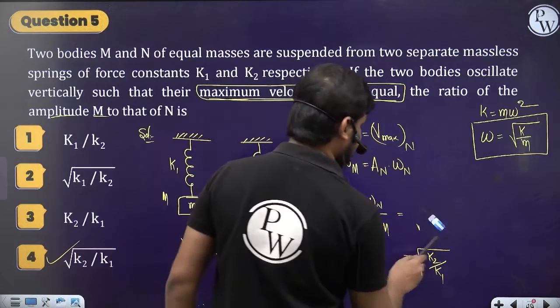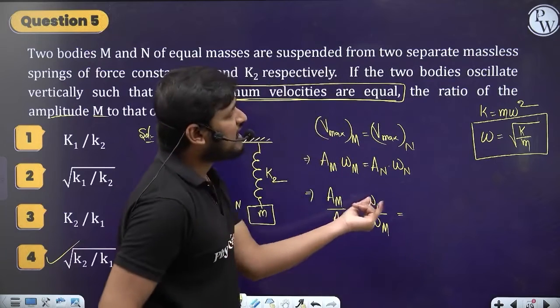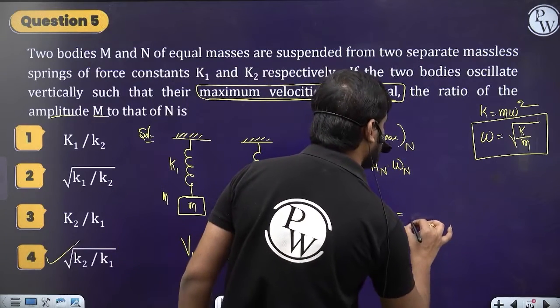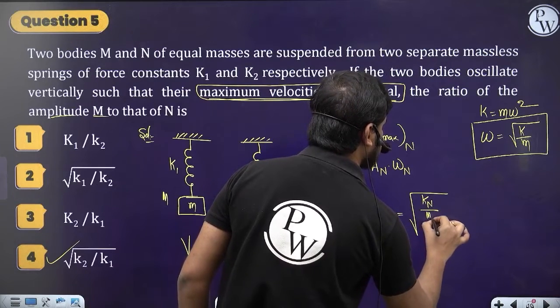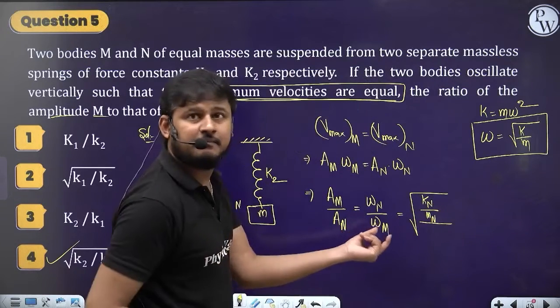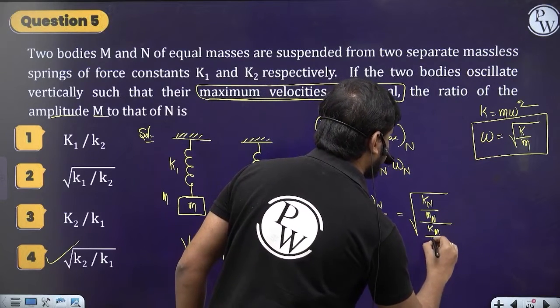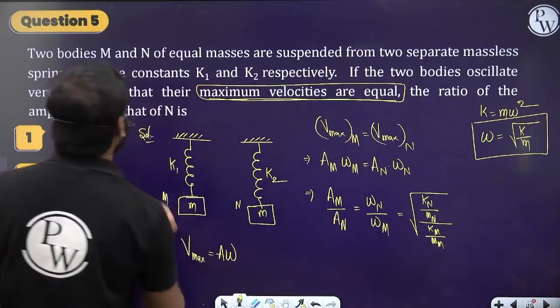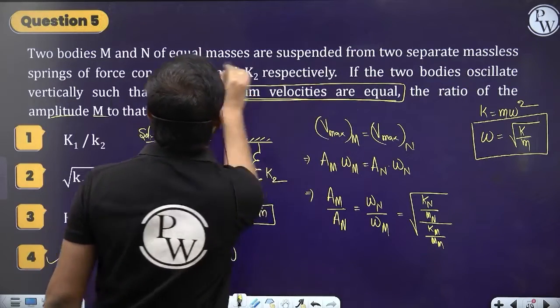If you need, I'll write in detailed steps, if you are getting confused. So omega n by omega m is root over Kn by Mn by root over Km by Mm. They said both have equal masses. So two bodies are having equal masses. See here, yeah.